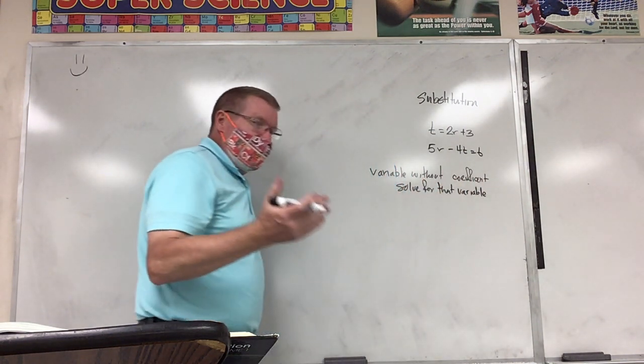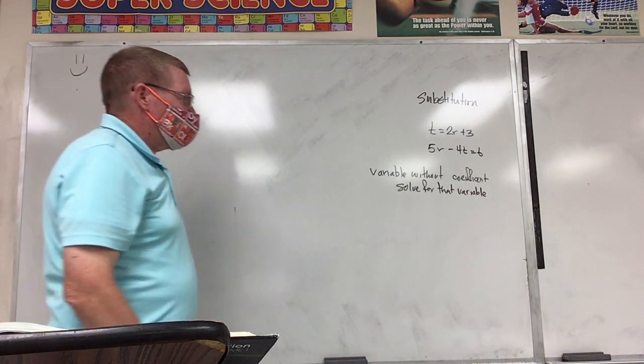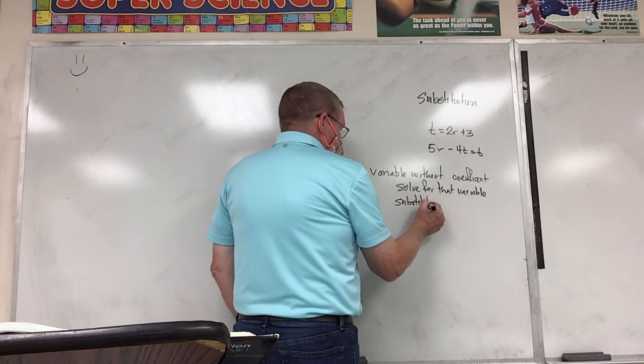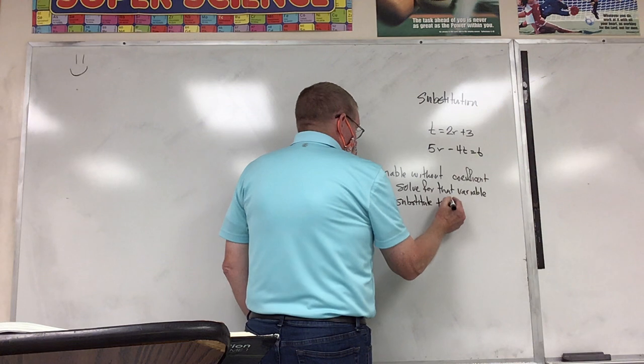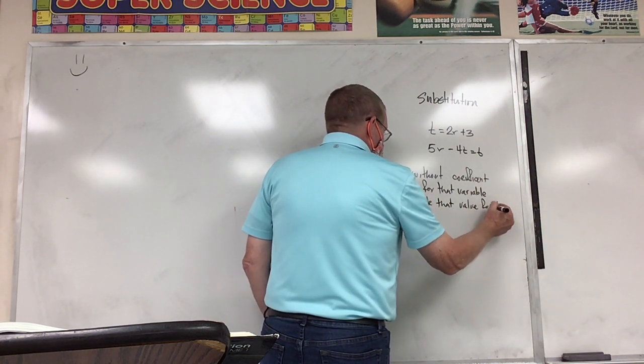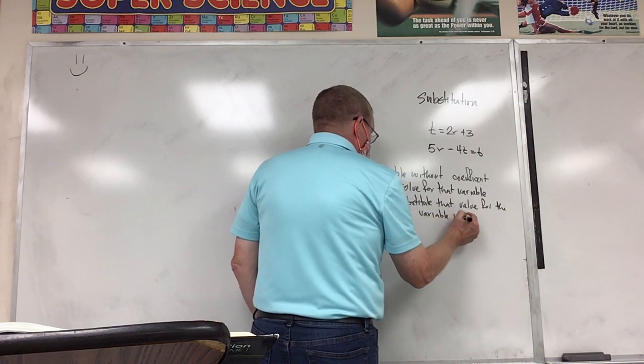If you have more than one, you have your choice, but if there's only one, that's the only one we pick. We have one. We're going to substitute that value for the variable in the other equation.